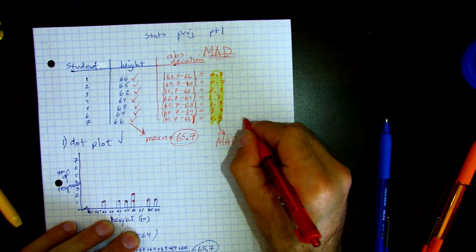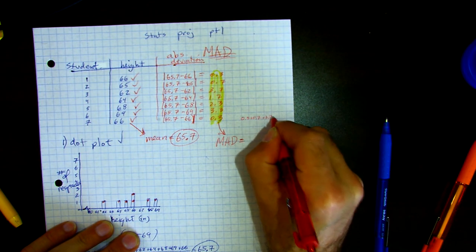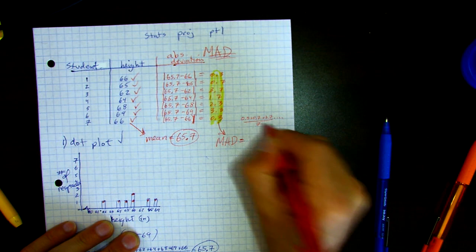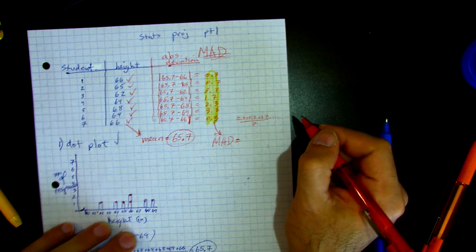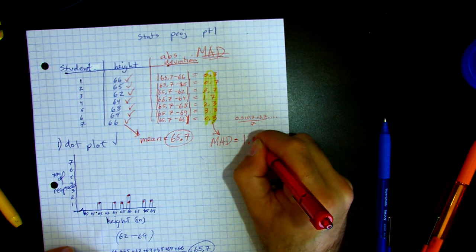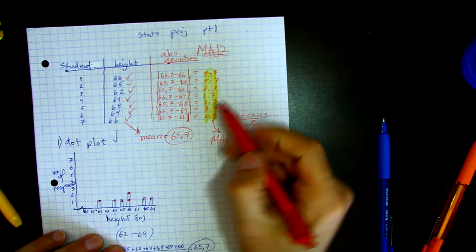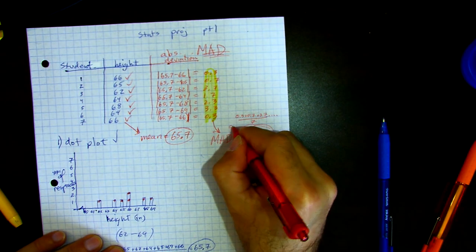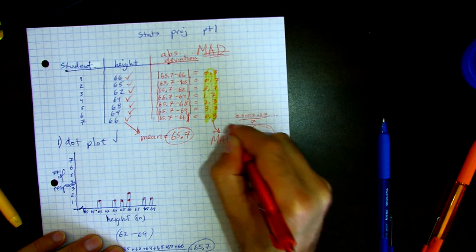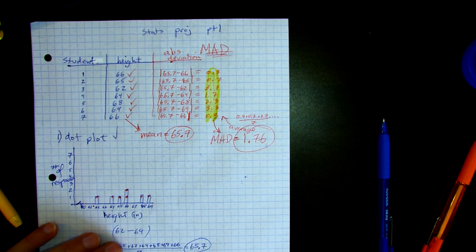So this would be 0.3 plus 0.7 plus 3.7, and so on, divided by 7. I already worked this out in another bit, so I'm just going to put it here: 1.76. All I did there was find the average of all of these.